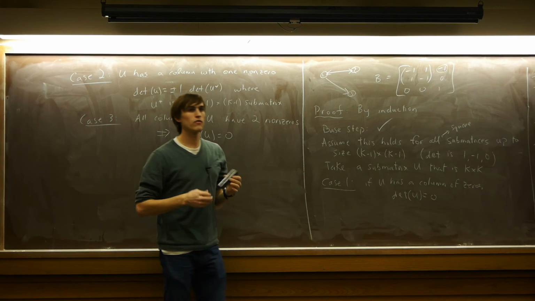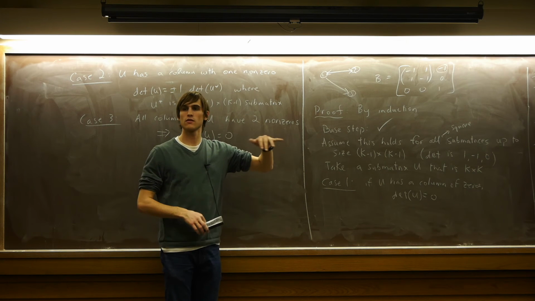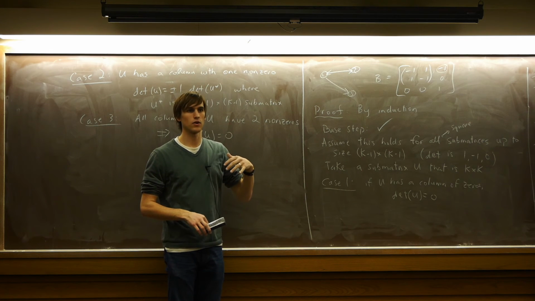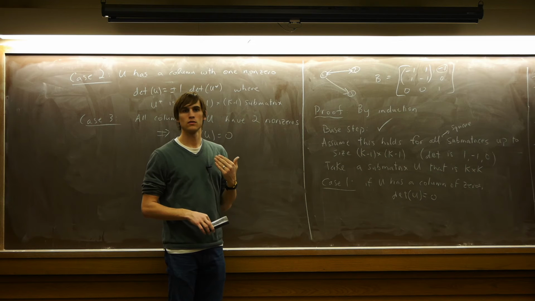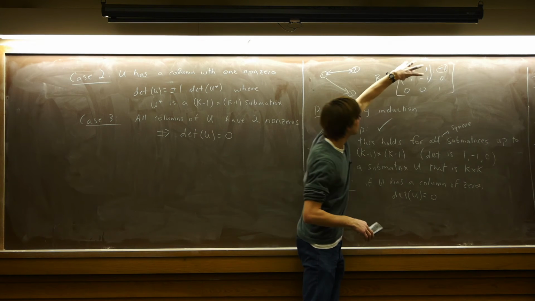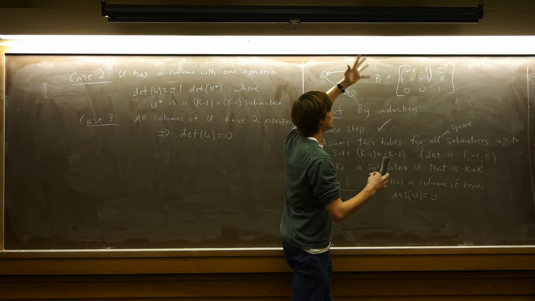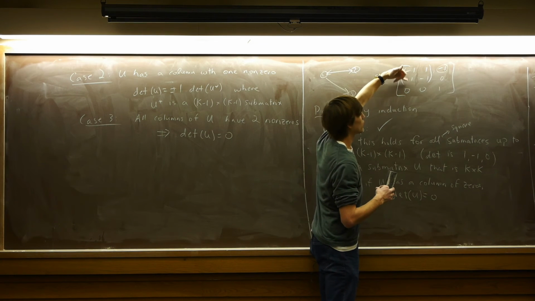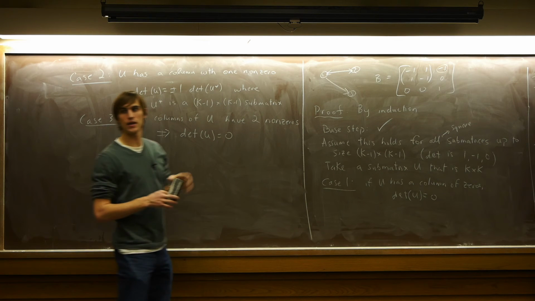If every column has 2 non-zero entries, one of those non-zero entries is a 1, one of them is a negative 1. So if you take the column sum, it's going to be 0, right? Whether it's this tiny thing right here, or a different case where I have a bigger submatrix, it's still a negative 1 and a positive 1, that just means that the rows are not linearly independent.